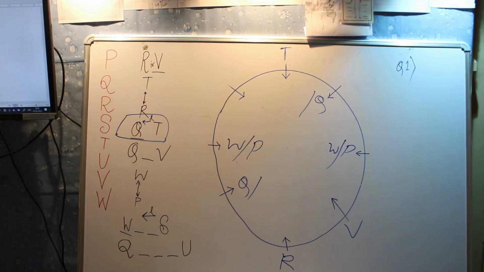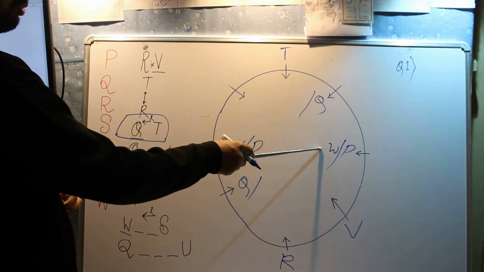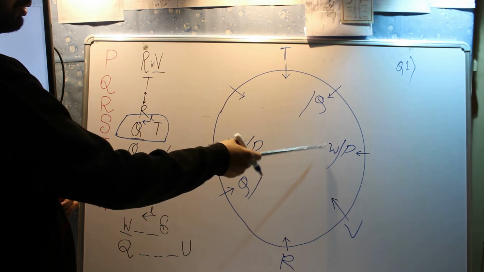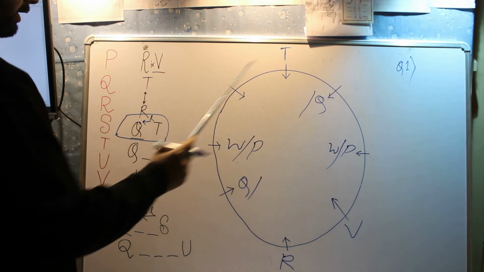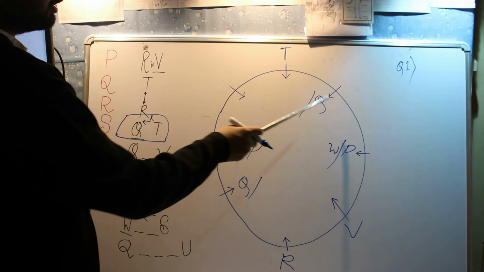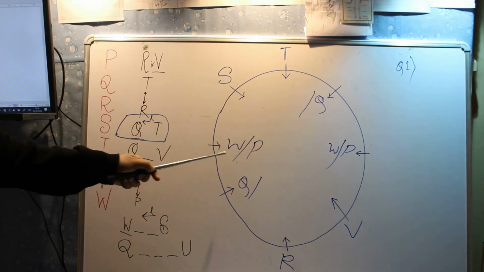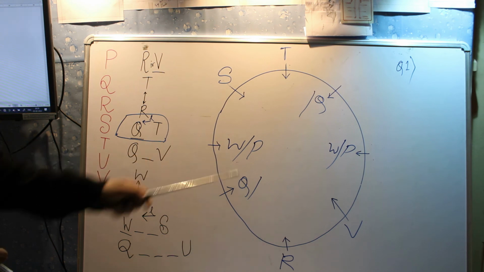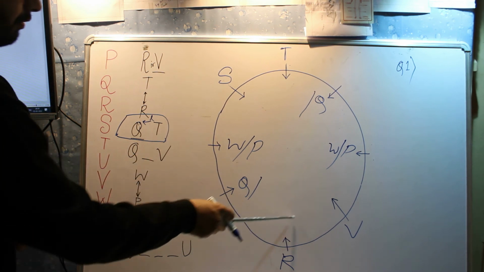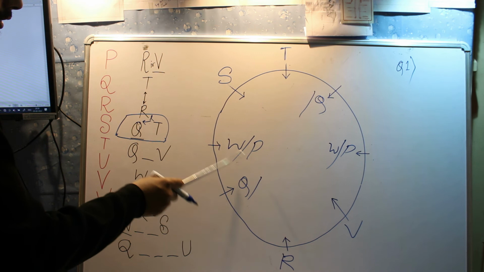Fine. Now, W is third to the left of S. So if this is W, third to the left of S is W. Third to the left, first, second, third. This has to be S. Or if this is W, third to the left, first, second, third.